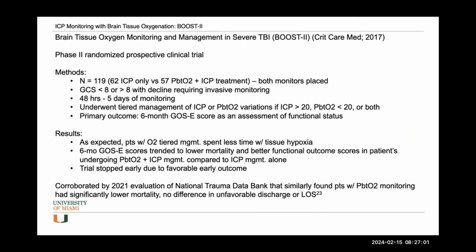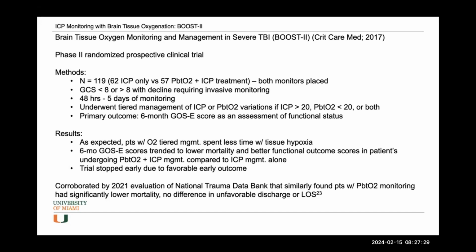And they were monitored for either 48 hours or up to 5 days if there was no improvement in the exam. And they underwent tiered management of either their ICP or both. The primary outcome was a 6-month outcome scale score on whether or not their functional status changed. And as one would expect, patients who actually had O2 monitoring tiered management spent less time with tissue hypoxia compared to patients who had just ICP management alone.